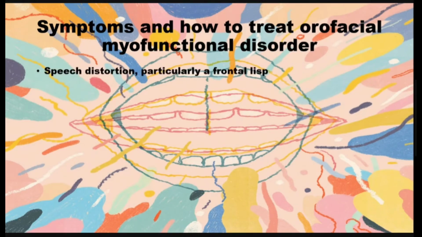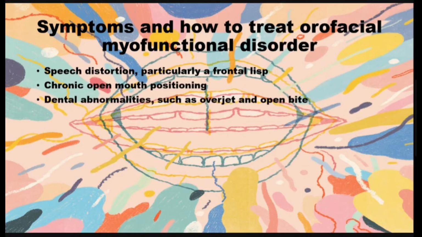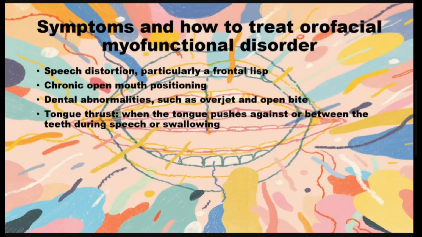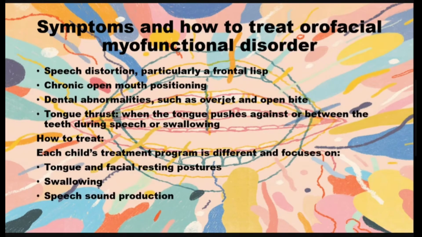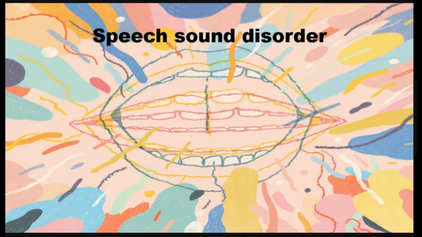Symptoms are speech distortion, particularly a frontal lisp, chronic open mouth positioning, dental abnormalities such as overjet and open bite, and tongue thrust, when the tongue pushes against or between the teeth during speech or swallowing. And these are the ways to treat orofacial myofunctional disorder. Each child's treatment program is different and focuses on tongue and facial resting postures, swallowing, and speech sound production.